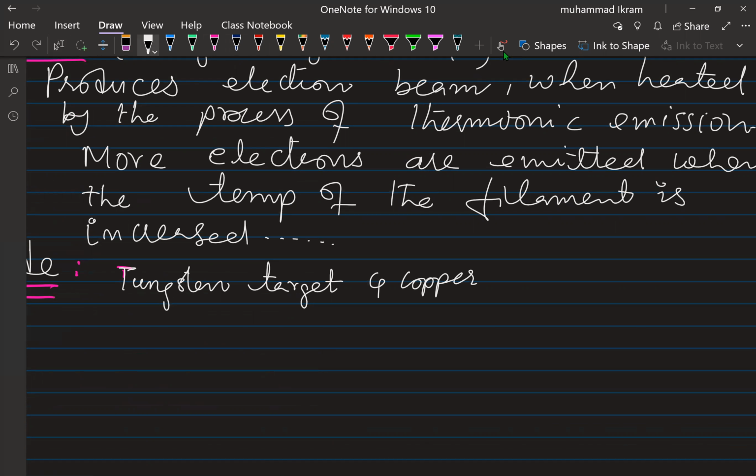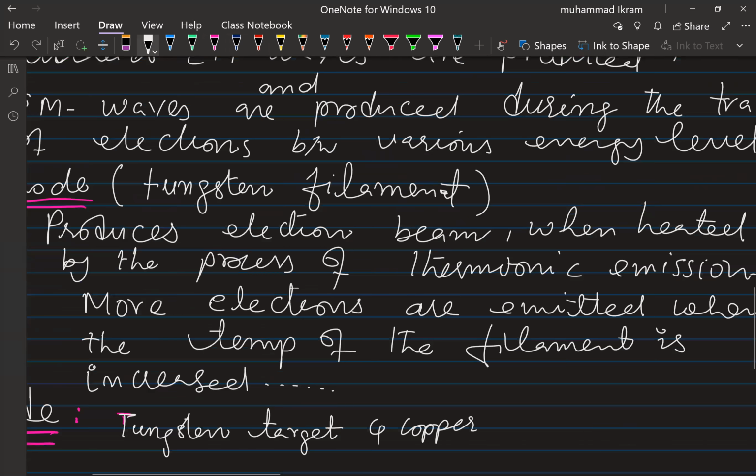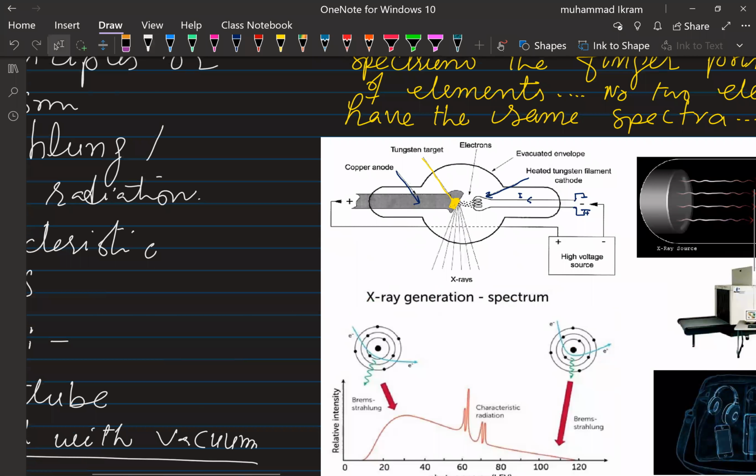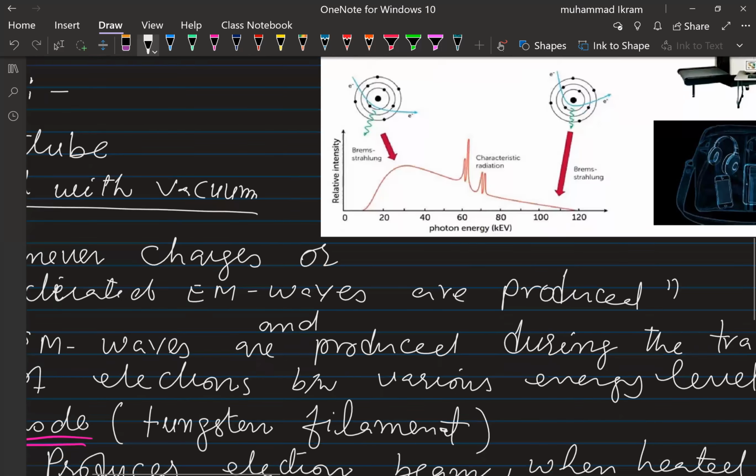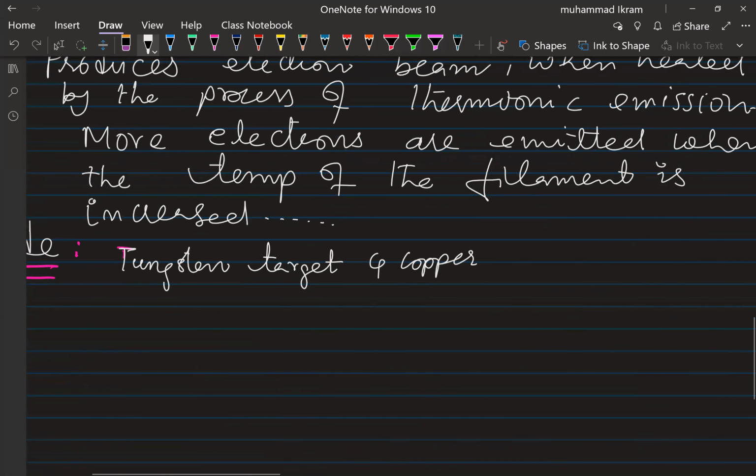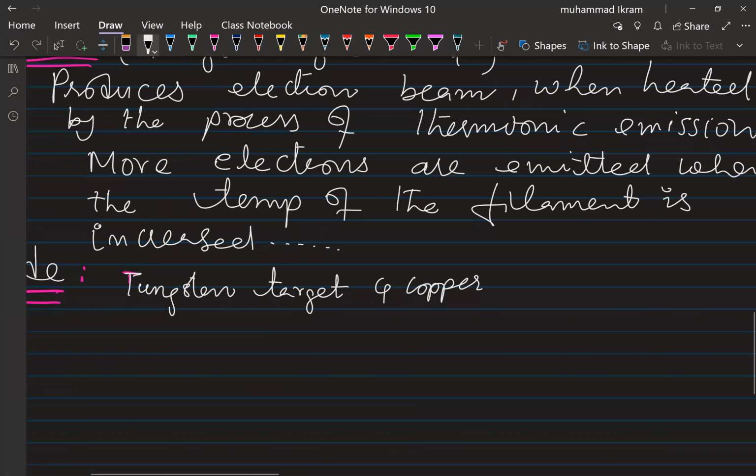Copper is a good conductor, but unlike tungsten, it has a low melting point. So when it is heated upon the striking of the electrons, the copper may quickly heat up rather than the tungsten target. This is why we use tungsten as the anode.